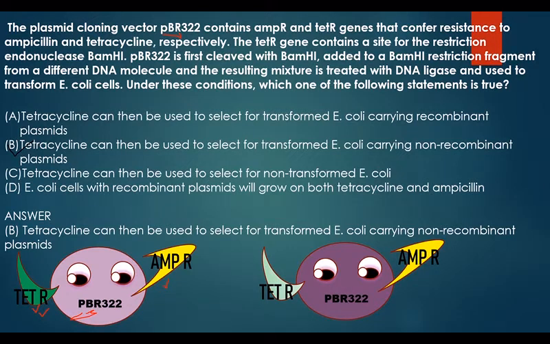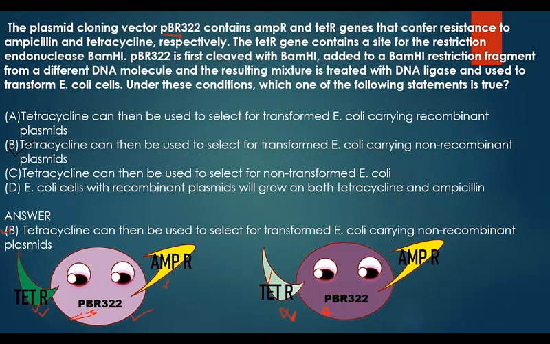Here the transformed, recombinant one, BamHI cuts it, so tetracycline resistance is lost. So this recombinant one cannot survive in tetracycline containing media because it lost its ability to survive there. Only the non-recombinant plasmid can be grown in that media. So the answer is B.